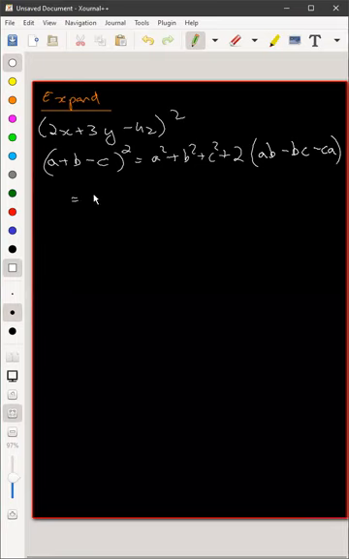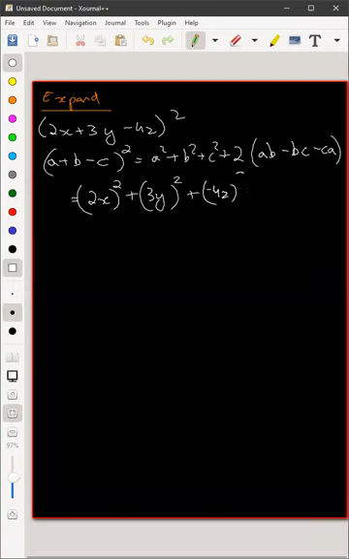So what will we get? 2x whole square plus 3y whole square plus... you have to write minus 4z the whole thing square. Remember this. Then plus 2 into... even if you write 4z, 2x first, that's fine.